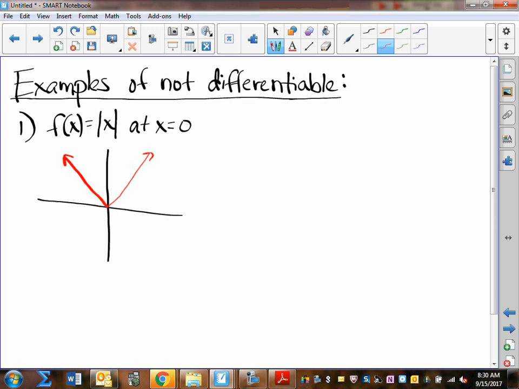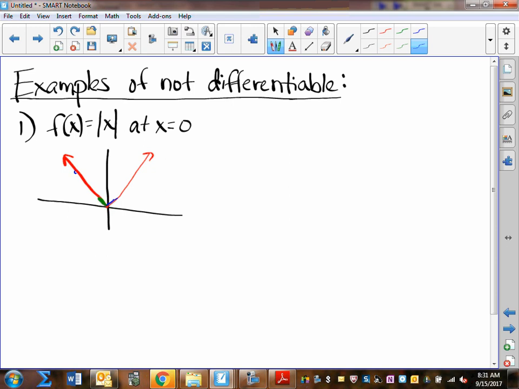So if we're investigating at x equal to 0, what is my slope on the left-hand side? -1. What is my slope on the right? +1. Does -1 equal +1? No. So this would be an example where f of x is not differentiable at x equals 0.